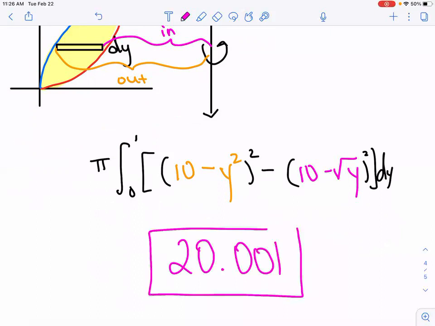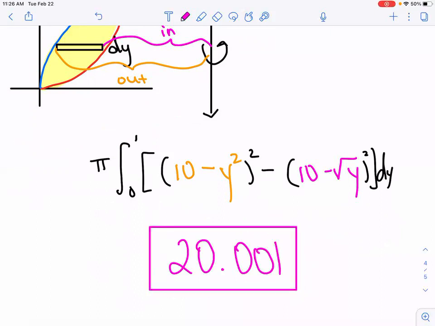Notice how we got an irrational number. So I just multiplied the irrational number by pi, and then our final answer is a decimal with pi already in there. Don't put 6.366 pi.